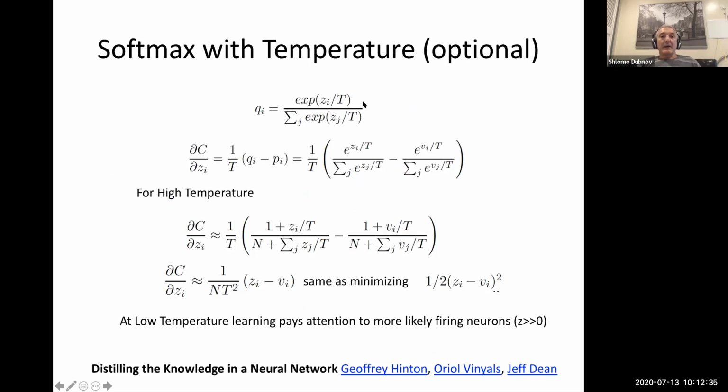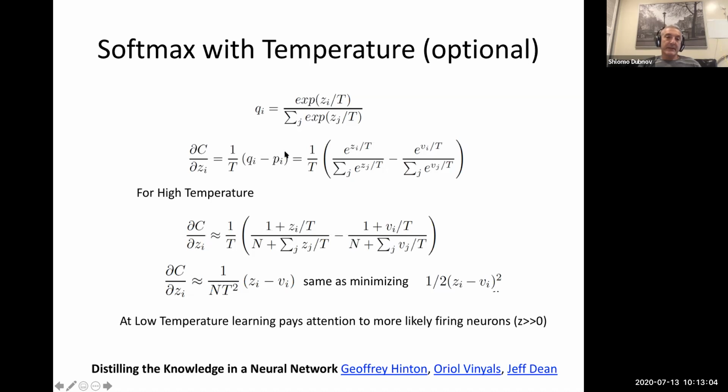Now, the effect of temperature can also be considered in this context. If we have a target which is expressed not as a categorical variable with ones and zeros, but as a probability, weighted this way, we can actually learn the Q's and the P's.